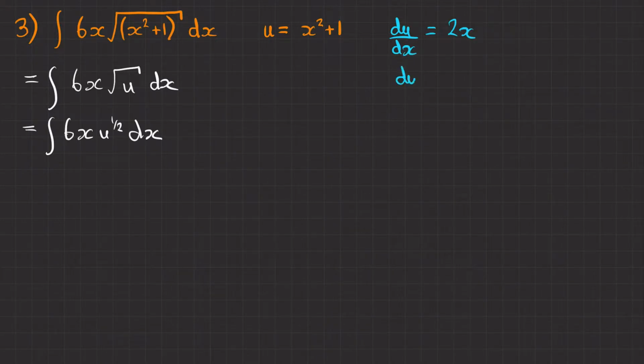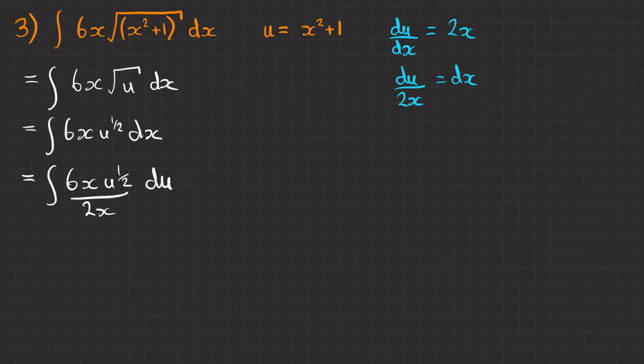Rearrange that, so we'll have du over 2x equals dx. Substitute that in, and we'll have equals the integral of 6x u to the half all over 2x du. Simplify that down, and we'll have the integral of 3u to the half du.